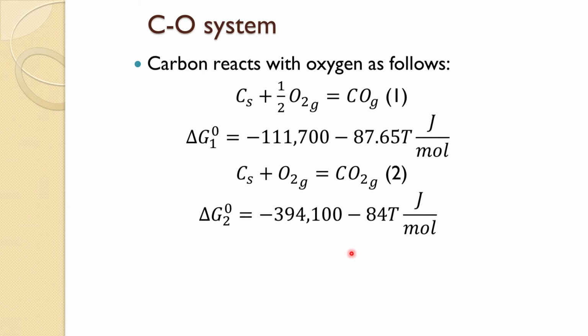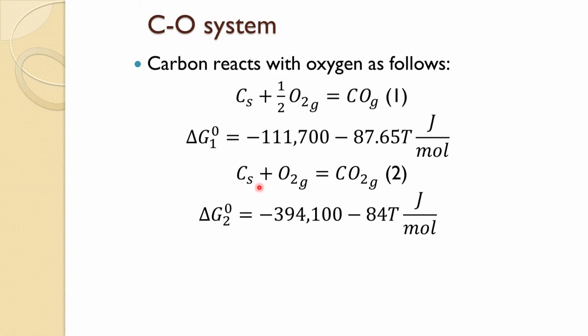So, the CO system. Carbon reacts with oxygen as follows. 1 mole of oxygen combined with 1 mole of carbon gives you 1 mole of CO, and the change in free energy is given by this expression, the standard one, where T is the temperature in degrees Kelvin, in joules per mole.